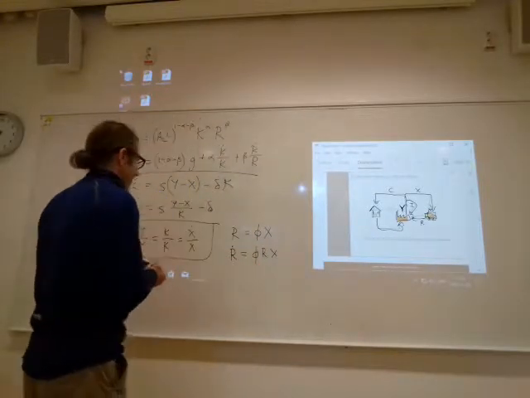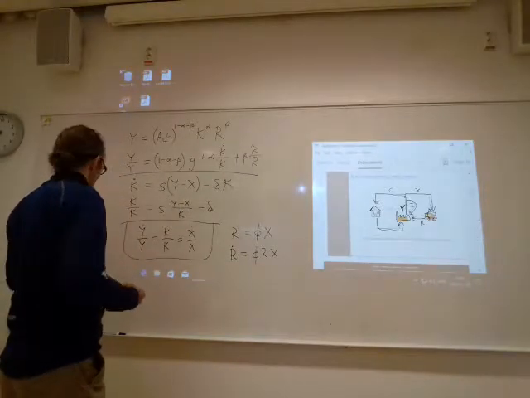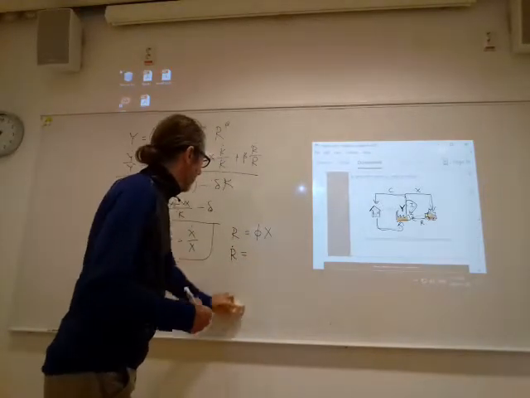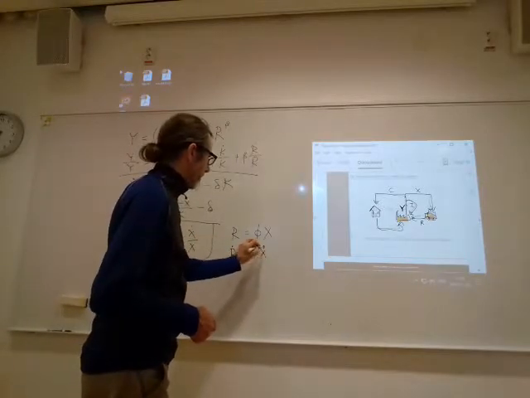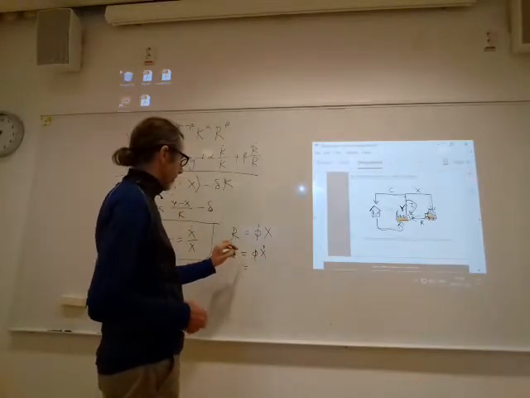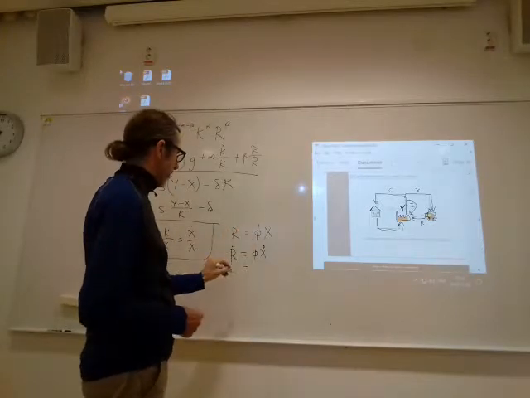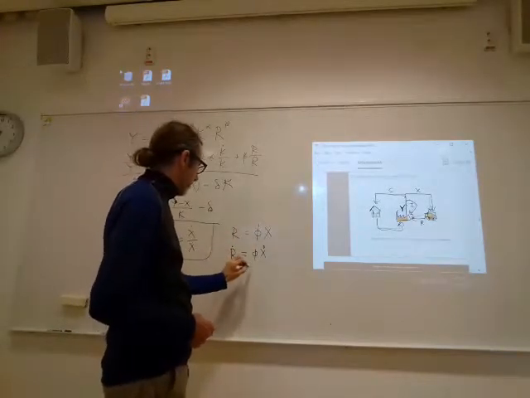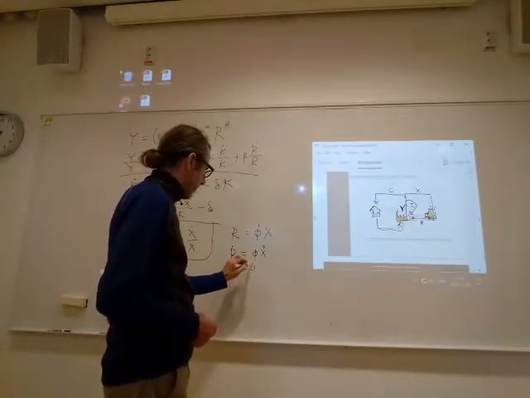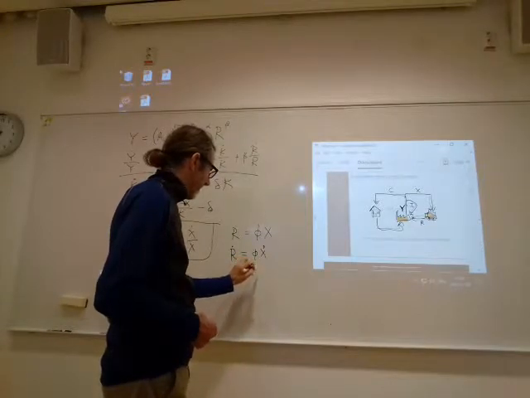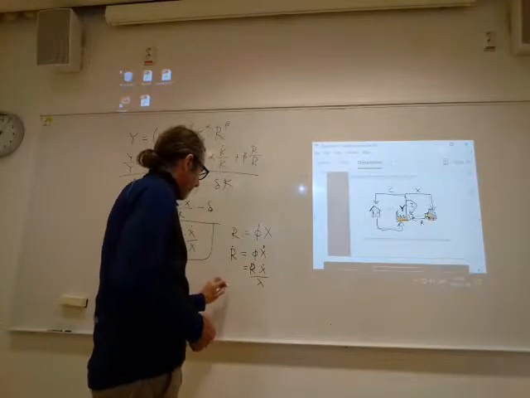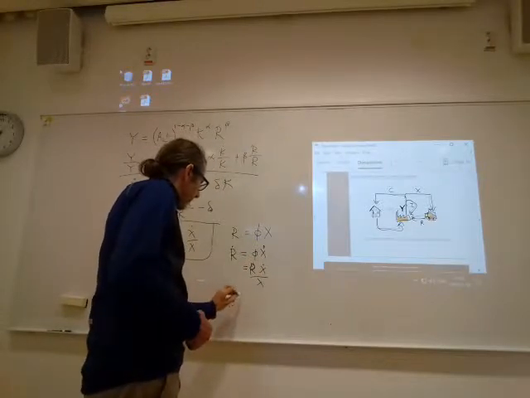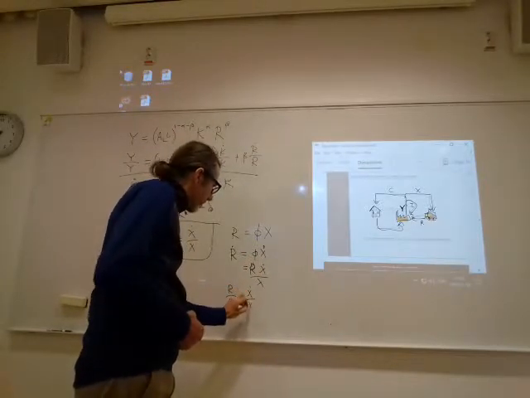Let me do this in 2 steps. R dot is phi x dot. But phi is r over x, isn't it? So it's r over x, x dot. So we get r dot over r is x dot over x.